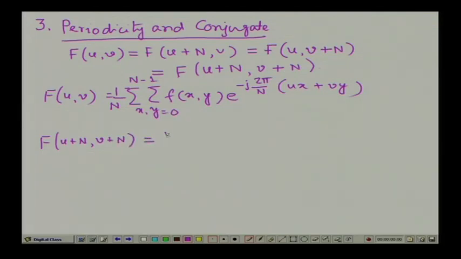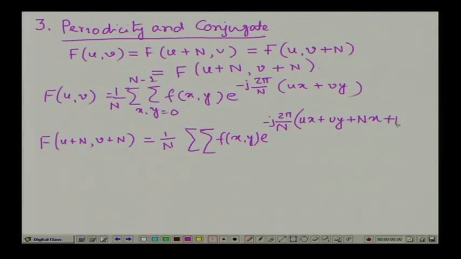Following the same expression, this will be nothing but 1 upon capital N, the double summation of f(x,y) e to the power minus j 2 pi upon capital N, and now we will have ux + vy plus Nx, because now u is replaced by u plus capital N, plus Ny, where both x and y vary from 0 to capital N minus 1.